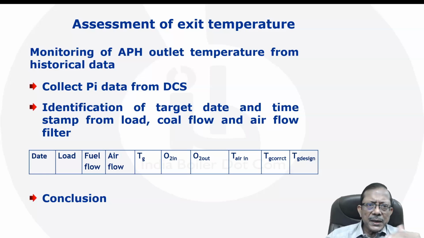Now, how to analyze that? What is the factor that is ultimately leading to this increase in the gas temperature is again a very detailed discussion, which I can try to cover in another video: how to analytically approach identifying the cause that is leading to the APH outlet gas temperature increase.